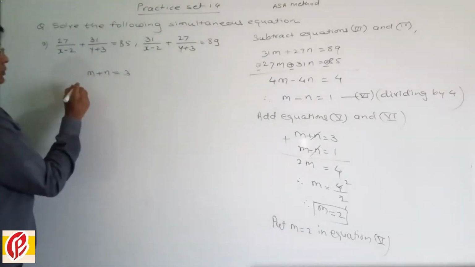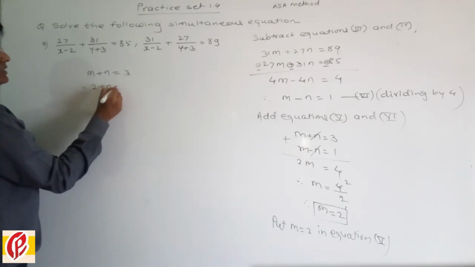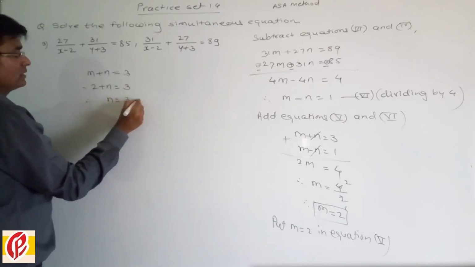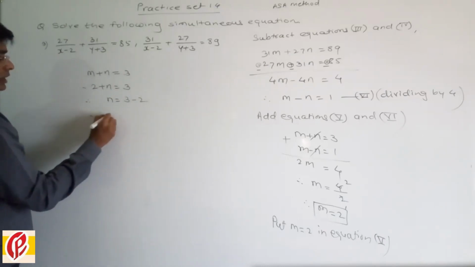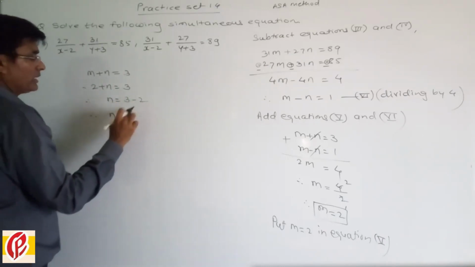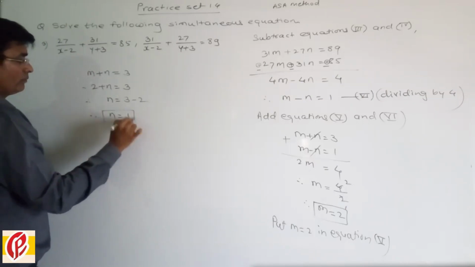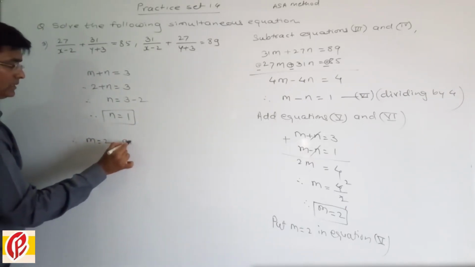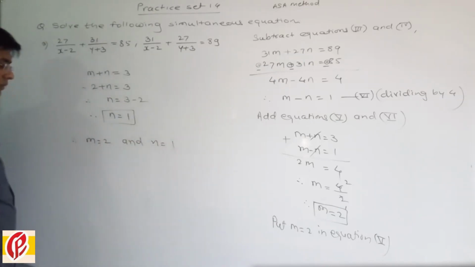So what is the value of m? 2. So 2 plus n is equal to 3, and therefore n is equal to, plus 2 will be minus, so 3 minus 2, and you get n is equal to 1. So therefore m is equal to 2 and n is equal to 1.